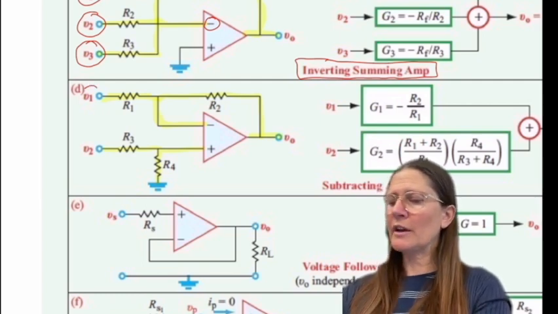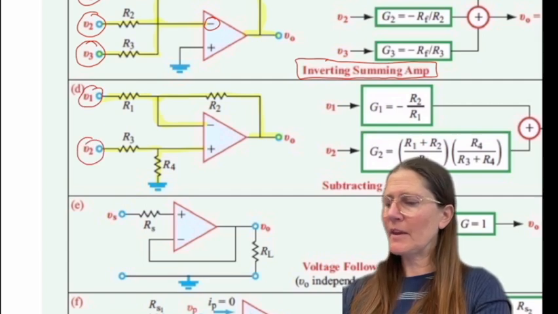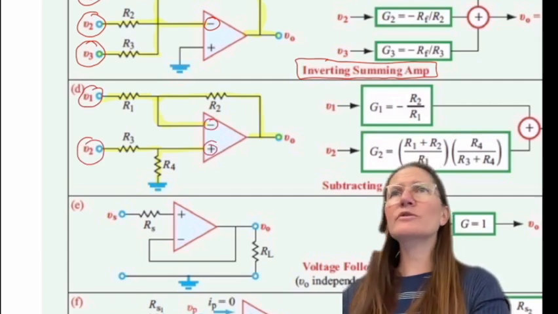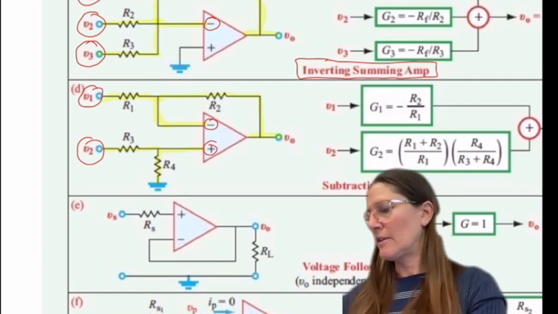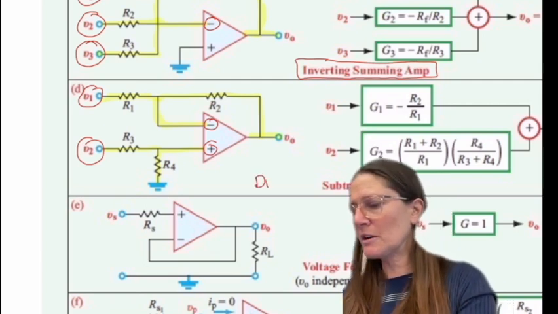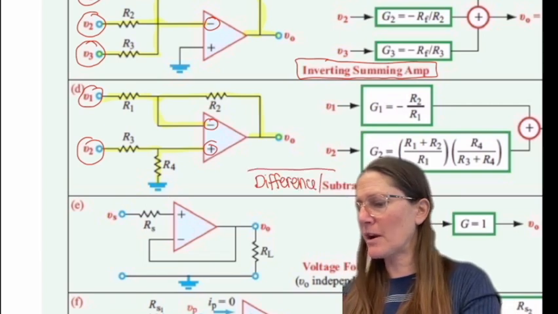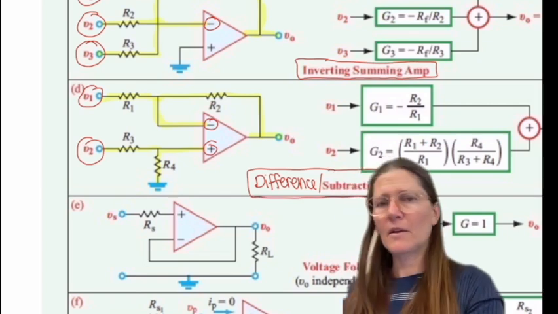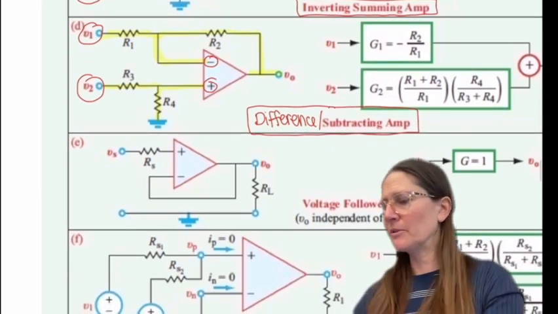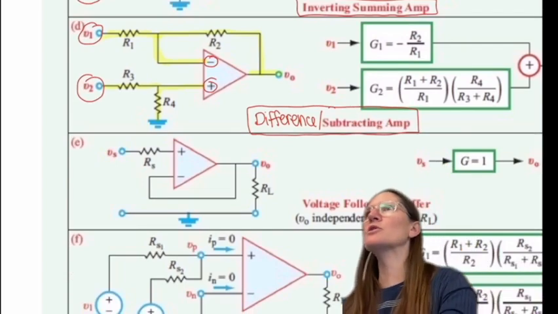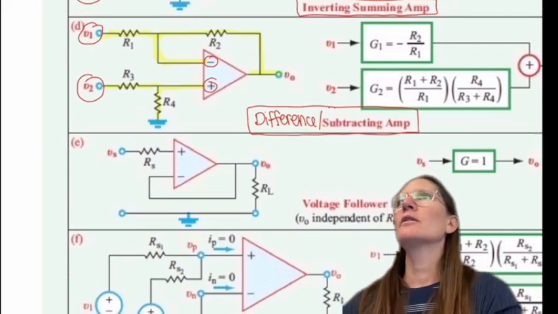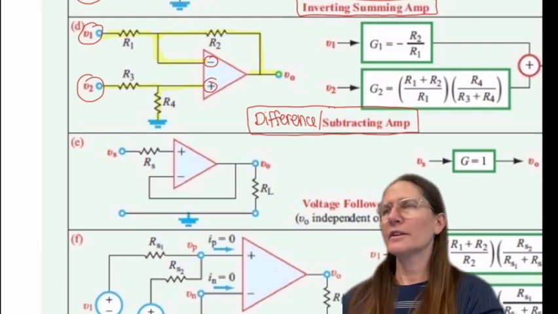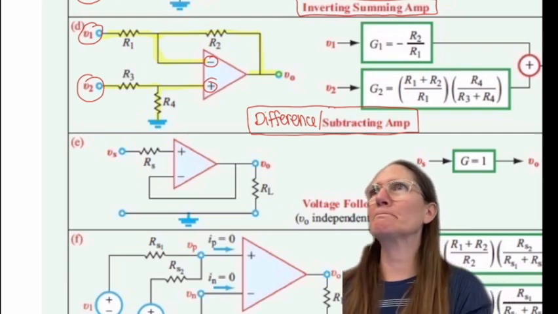So this one has 2 inputs, and there's one that goes into each side. That's what's going to be defining that it's a difference or subtracting amplifier. So you'll see both those names at times. So a difference or subtracting amplifier, yes. So difference and subtracting is just used interchangeably? Yep, they mean the same thing.